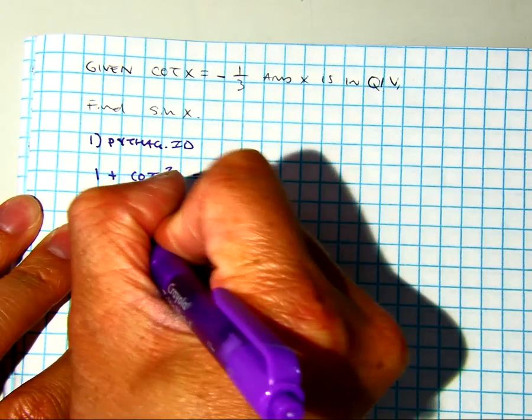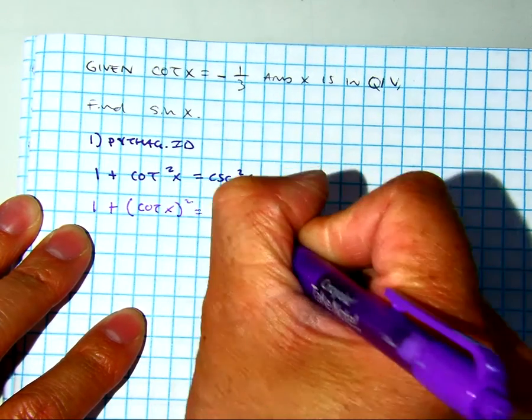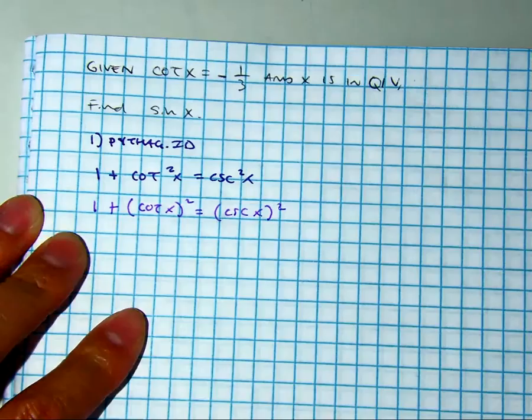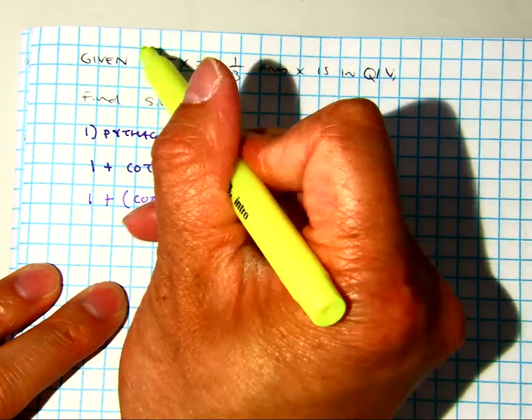I'm going to write cotangent as cotangent x squared and cosecant x squared. I'm going to do a substitution for cotangent.